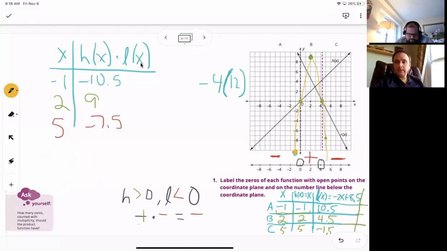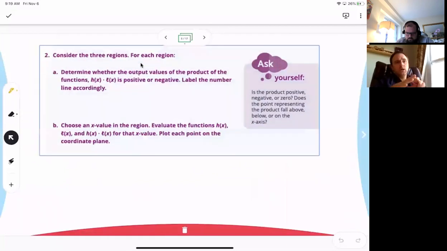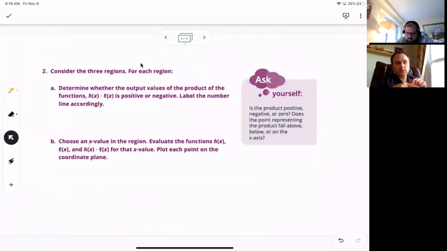I think now we can go to the next page and talk through it again to reiterate. We broke it down into those 3 regions. We determined whether the values were positive or negative by looking at the y values of the lines. We labeled the number line, and it wound up as negative, positive, negative, with 0 here and 4.25 here.